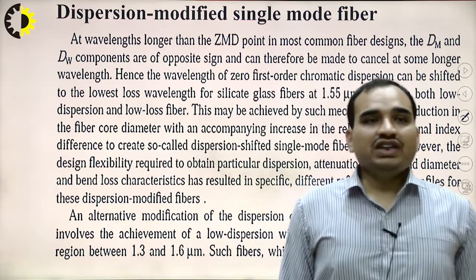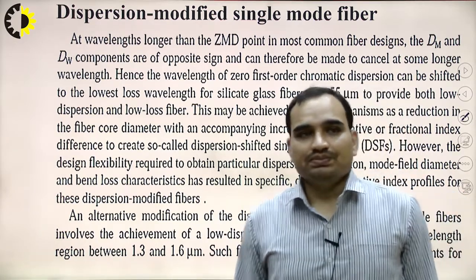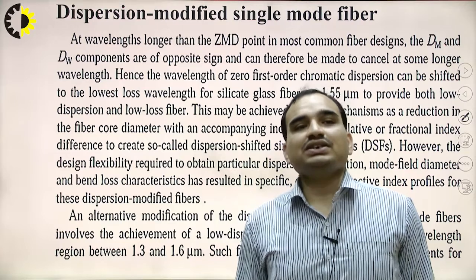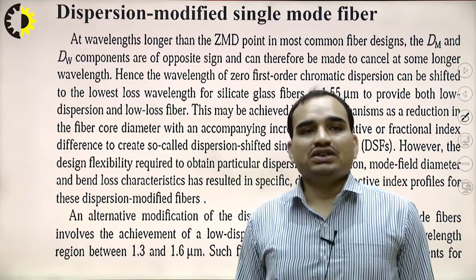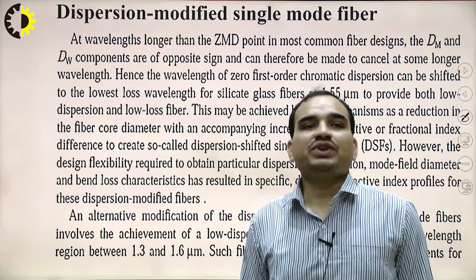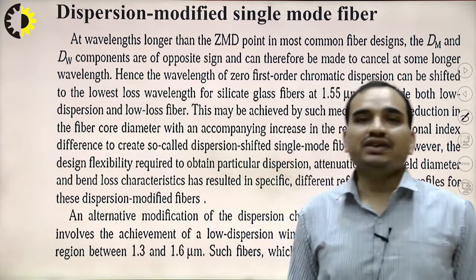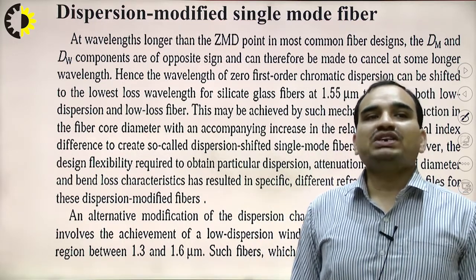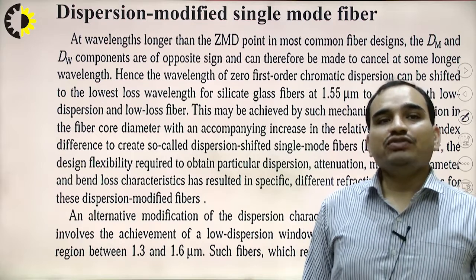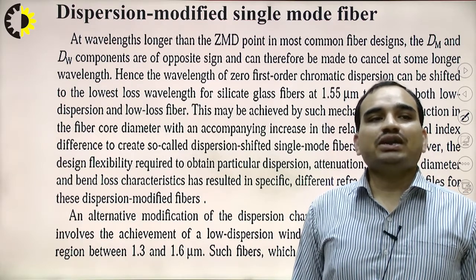At wavelengths longer than the ZMD, the zero material dispersion point in most common fiber designs, the Dm and Dw components are of opposite sign and can therefore be made to cancel at some longer wavelength.